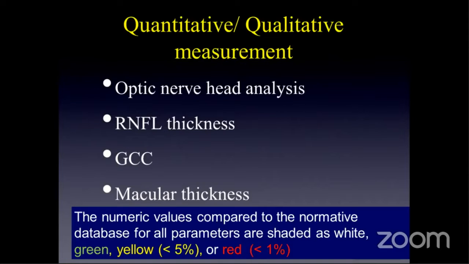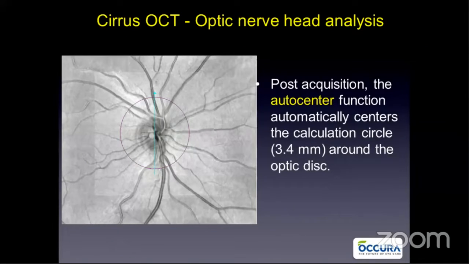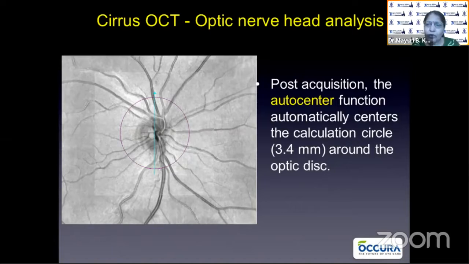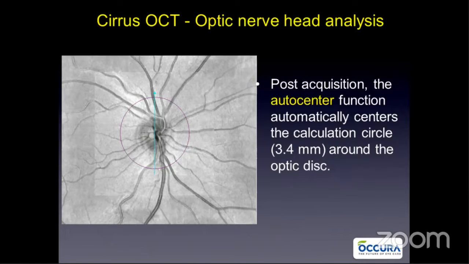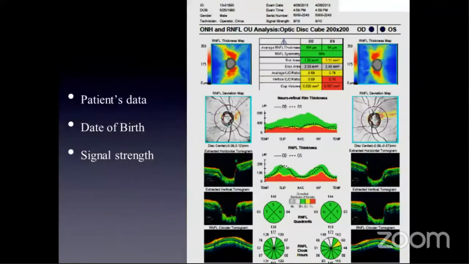White means it is more than what is expected in the normal. Post acquisition, the auto center function automatically centers the calculation circle, which is of 3.4 millimeter diameter, around the optic disc. So if you see this circle is not well positioned, you have to retake the image.